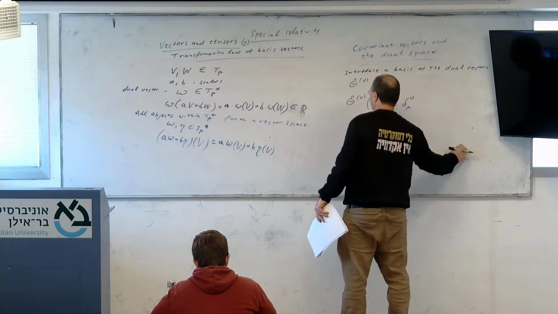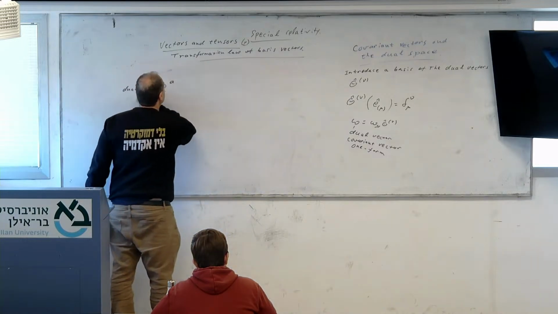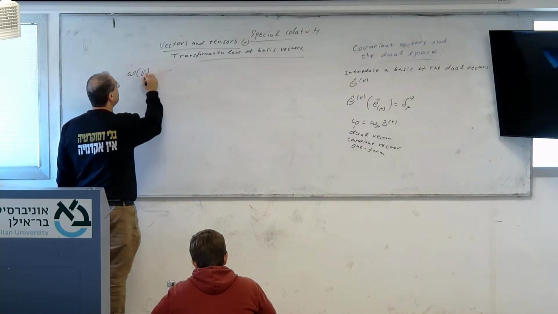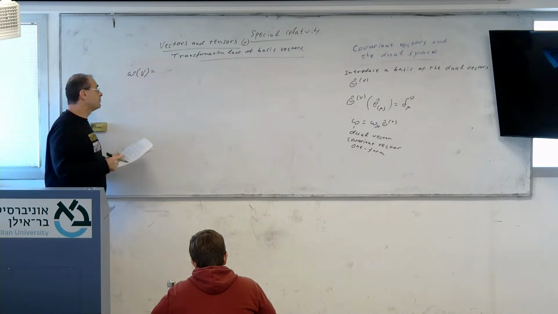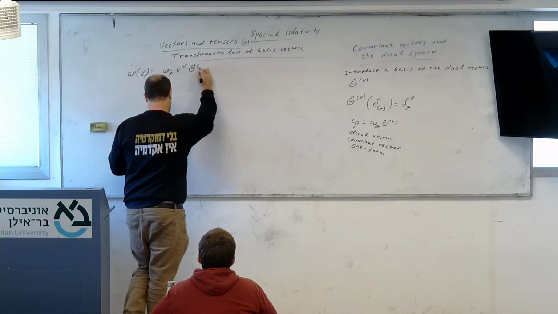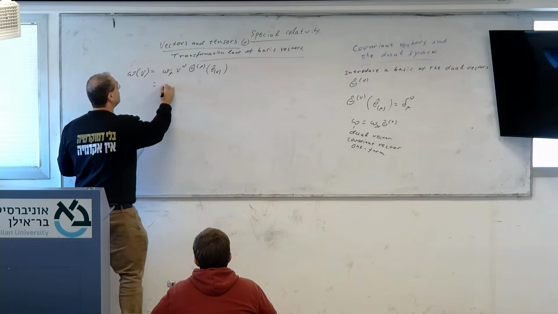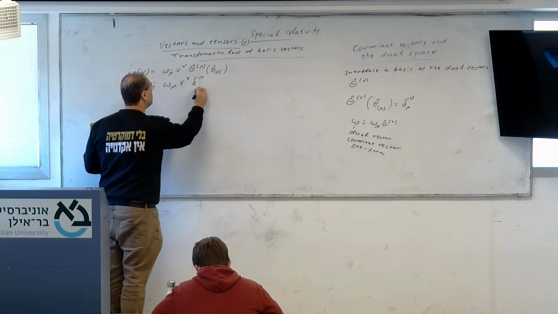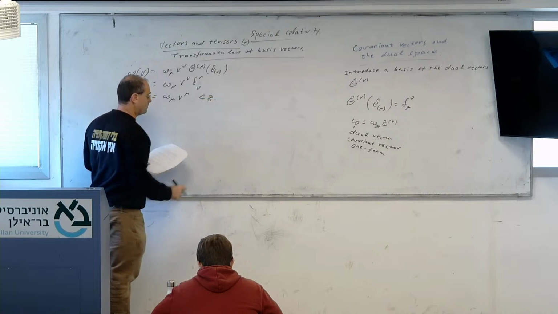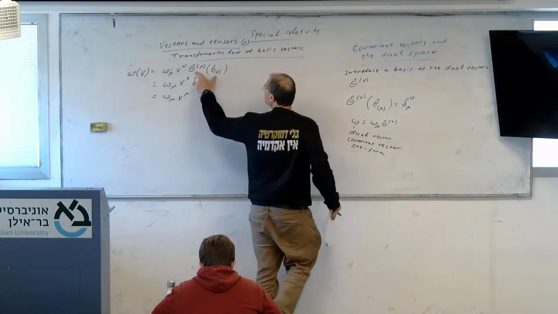Using this component notation, omega of V, omega mu V nu theta mu that acts on e mu, is omega mu V nu delta mu nu, is omega mu V mu, which belongs to R. So for that reason we don't really use these basis vectors.